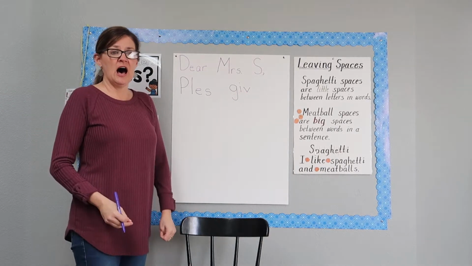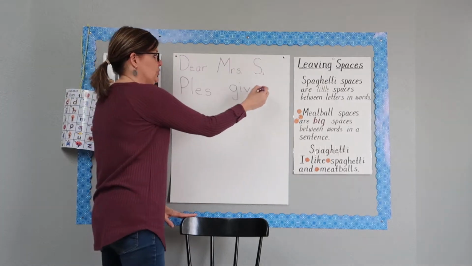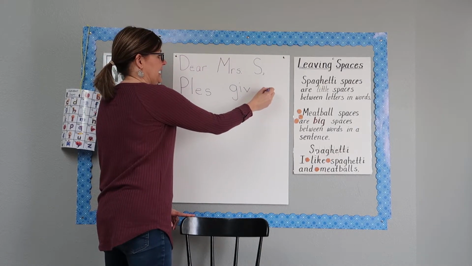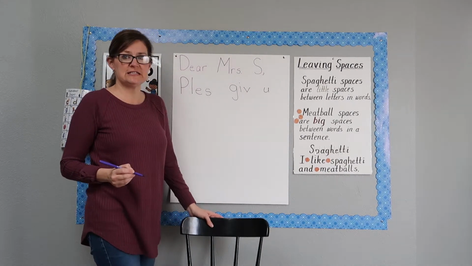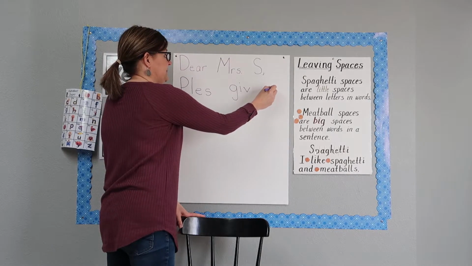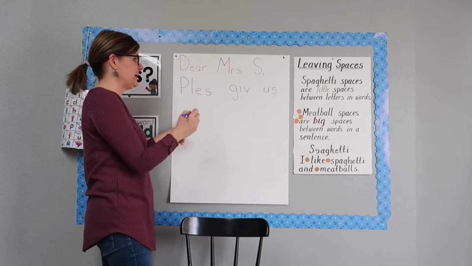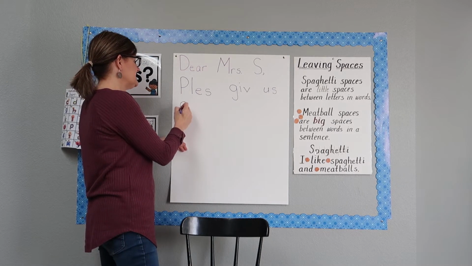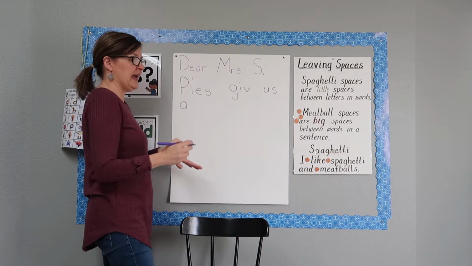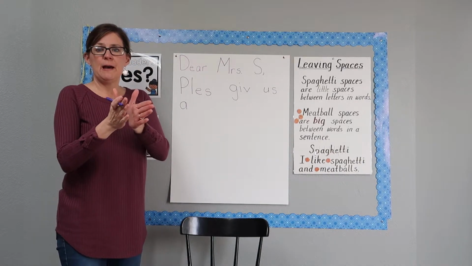Us. That's a U. Remember my meatball space. Give us. Oh, I'm out of room. So I'm going to come down here and I'm going to write the word a. Please give us a. And let's stretch out party.